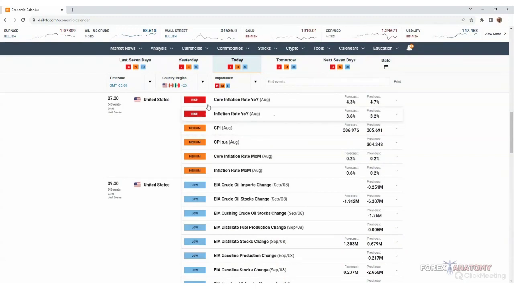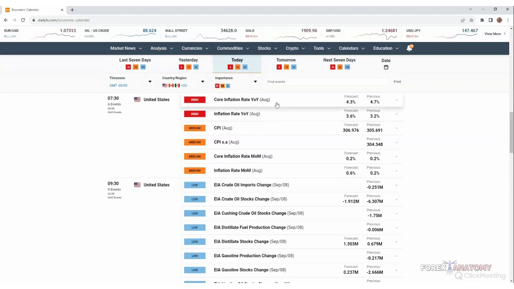You can see that these are high-tier data prints. The headline number, economists are expecting it to tick up higher, from 3.2% last month to 3.6%. So in the headline figure, which includes food and energy, we're expecting to see inflation pick up.